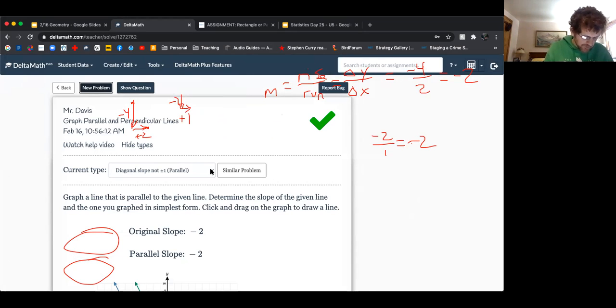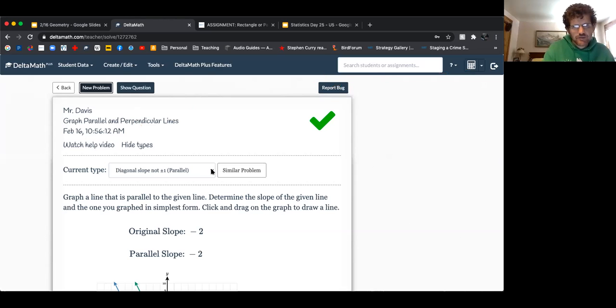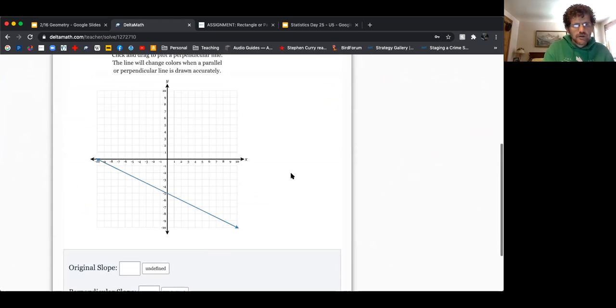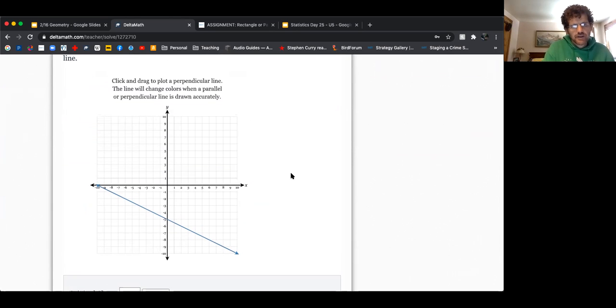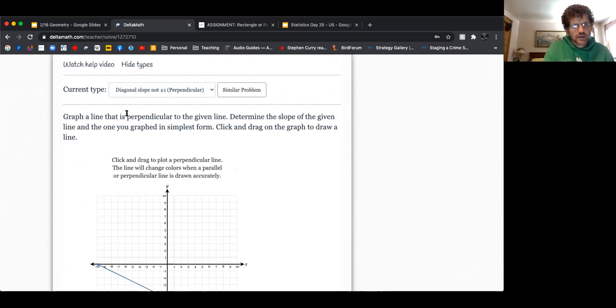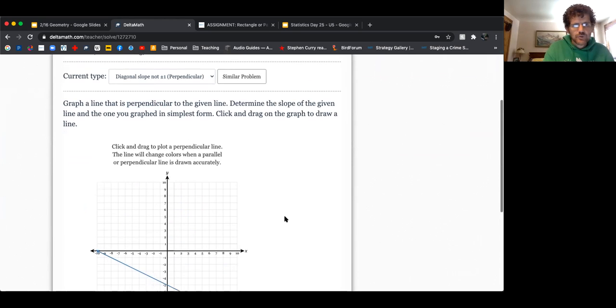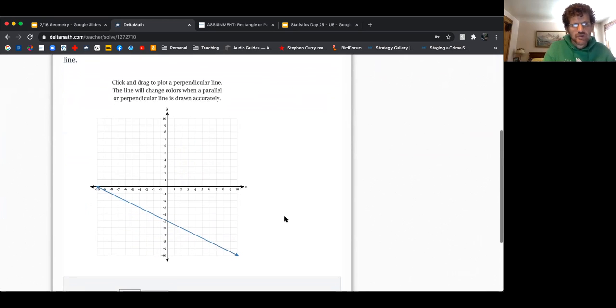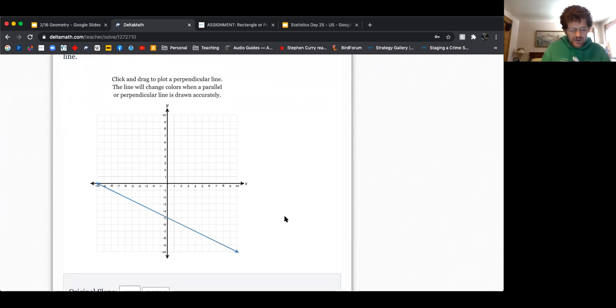This is going to be one where we're going to look at perpendicular lines. Okay, and now notice it says right here that it's perpendicular that we're looking for. So you will have to read, because this will be randomly assigned to you. So you get a mix and match. You need to make sure you read correctly, or else you'll get it wrong.